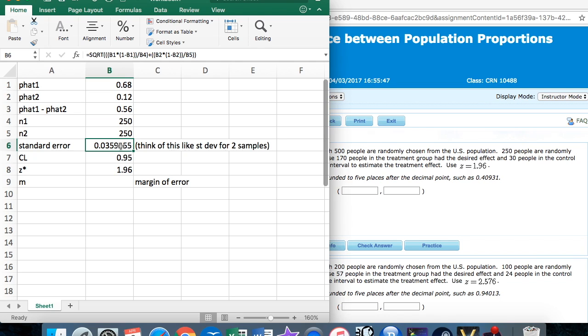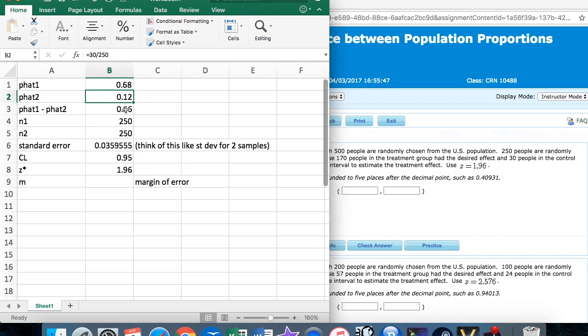Well, if you use your code, you call up the cells in Excel and you keep calling them up, then all you have to do is change these values. Like what if instead this isn't 0.68 and this is 0.55? See, right away, changed. So make sure you guys are doing this, because it'll save a lot of time, not only on your homework, but on your test.